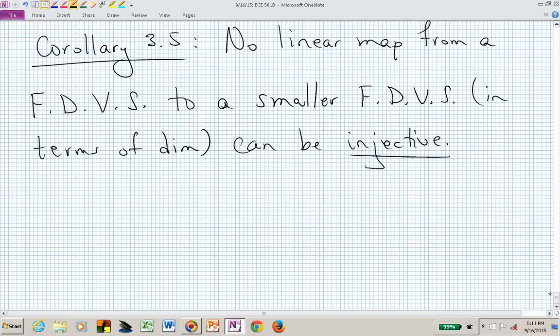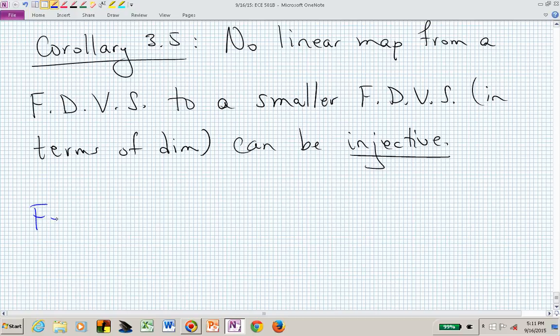That's our corollary. So if you have an R5 collapsing down to an R3, you're guaranteed from this corollary that that's not an injective map.